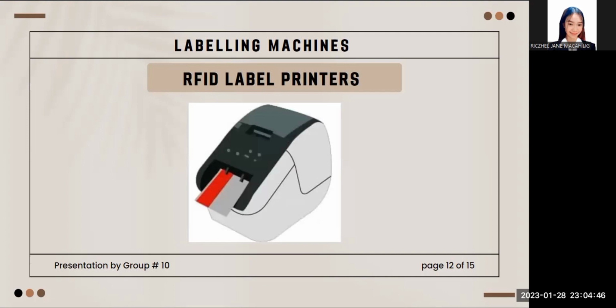So next is RFID label printers. So the RFID labels or smart labels are the most common type naman ng passive RFID tag, which stores information tulad ng mga serial numbers and transmit data to a reader. They consist of a label material embedded with an RFID inlay or chip. Pero wala itong internal power source.